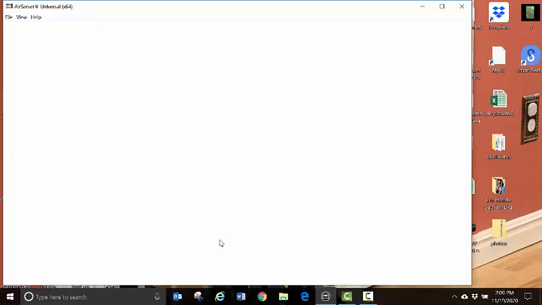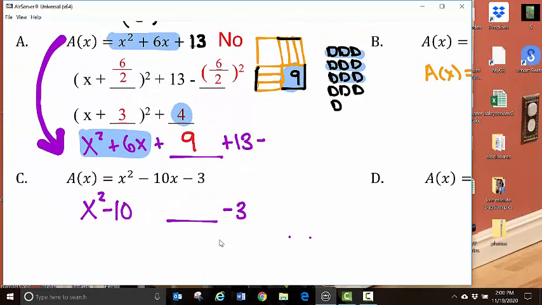And if I add 9 here, I need to subtract 9 here. And what you would get then is this will always turn into x plus half the middle number squared. And then, okay, we had 13 minus 9. We used up 9. We'd have a leftover 4.